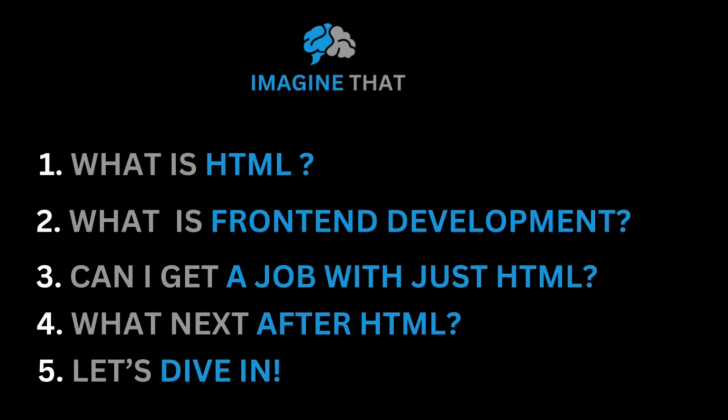Then JavaScript is the functionality, the nervous system. Everything about the functionality is about JavaScript. Without JavaScript, you just have this beautiful looking site, but it cannot do anything. But we'll be focusing on just HTML for this video.